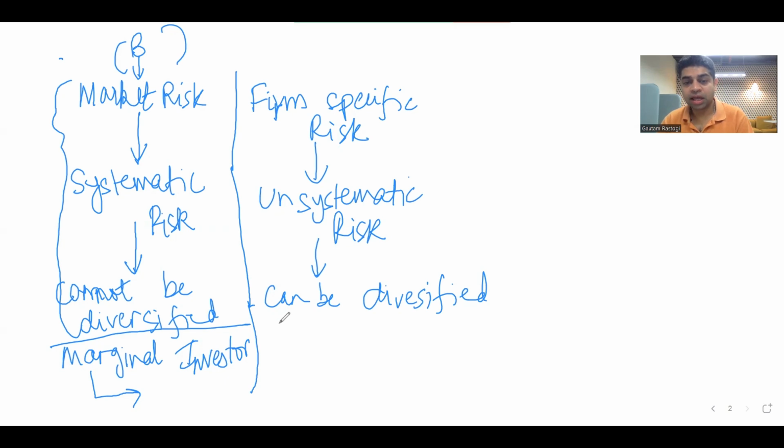Retail investors may or may not be diversified. If I, as a retail investor, am not diversified, I'll take not only this beta risk, I'll take additional risk as well. And there is a way you could estimate that as well, but I'll get to that later.